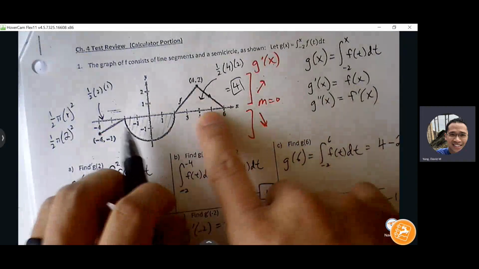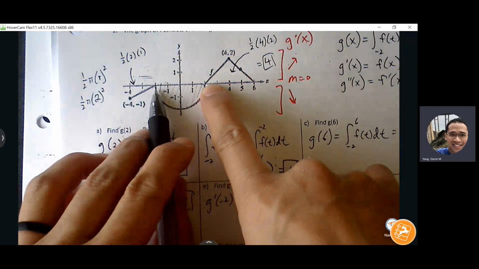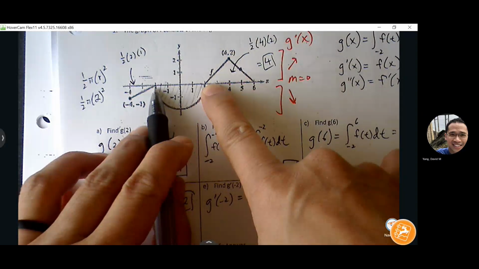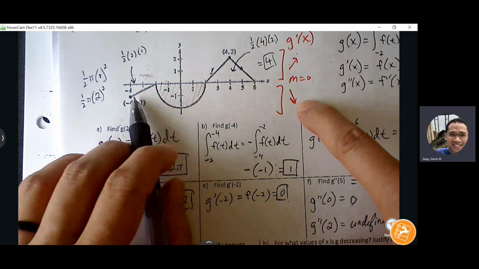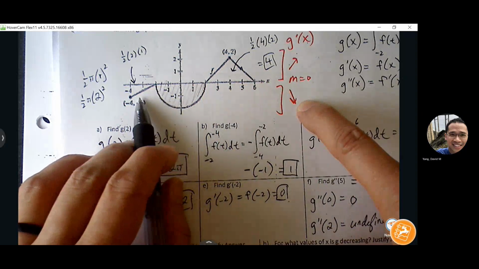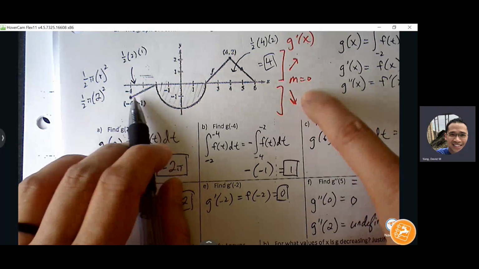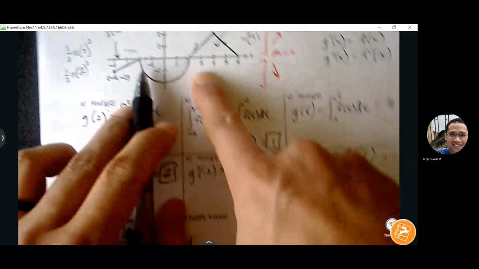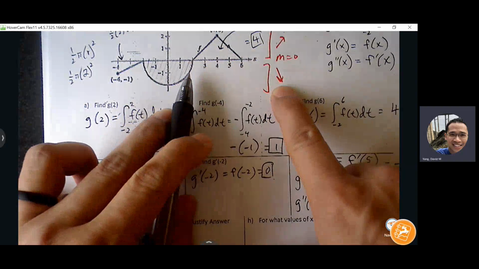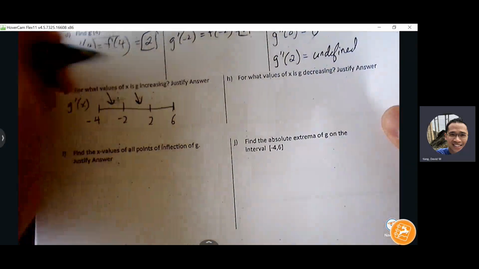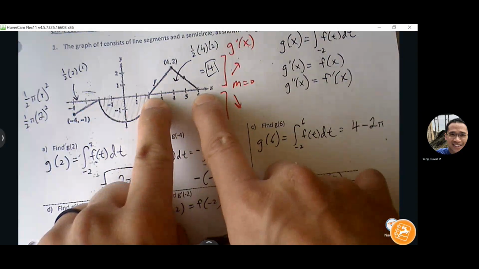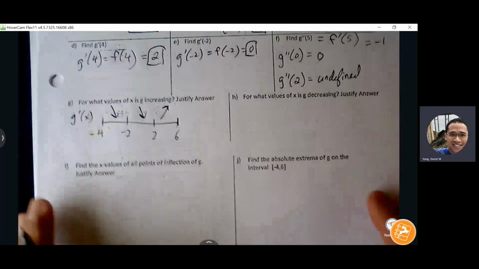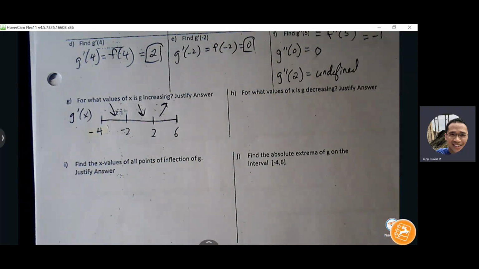Right, because that's where my slope zeros will occur, and those are my potential relative max, relative min. Okay, what's happening between -4 and -2? Below the x-axis, don't look at the fact that it's rising, look at the fact that it's below the x-axis. So decreasing between -4 and -2, below the x-axis, decreasing. Between -2 and 2, above the x-axis, increasing. Between 2 and 6, below the x-axis, decreasing. So based off these arrows, we should be able to identify what's happening.